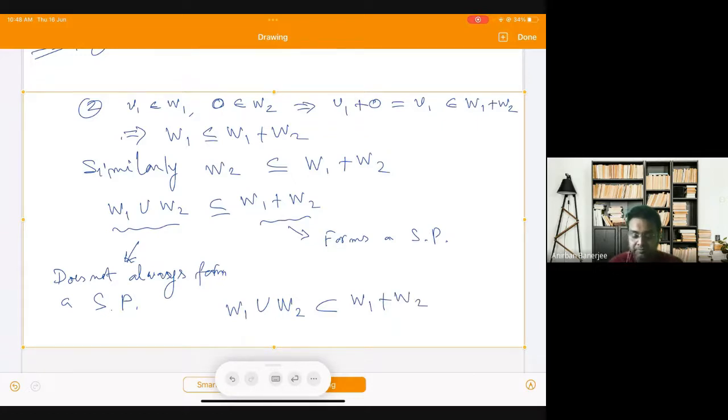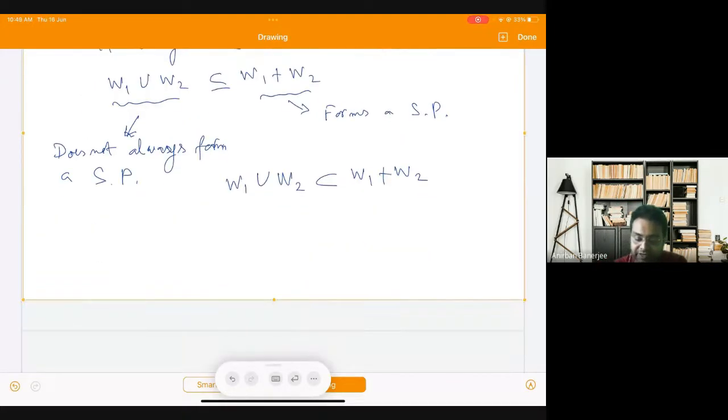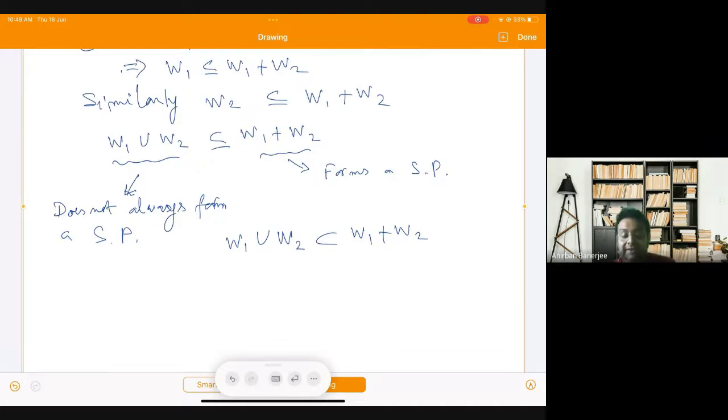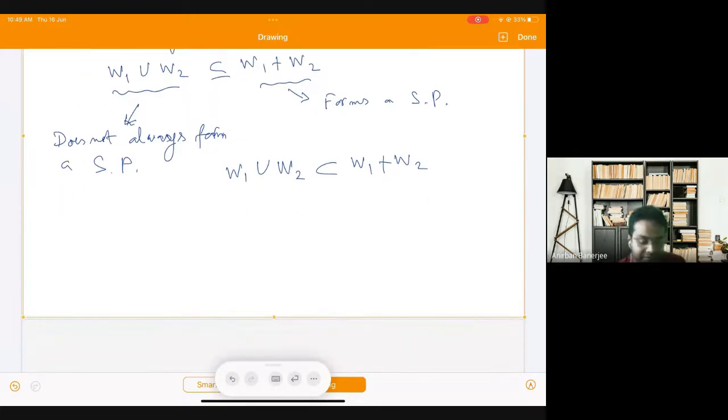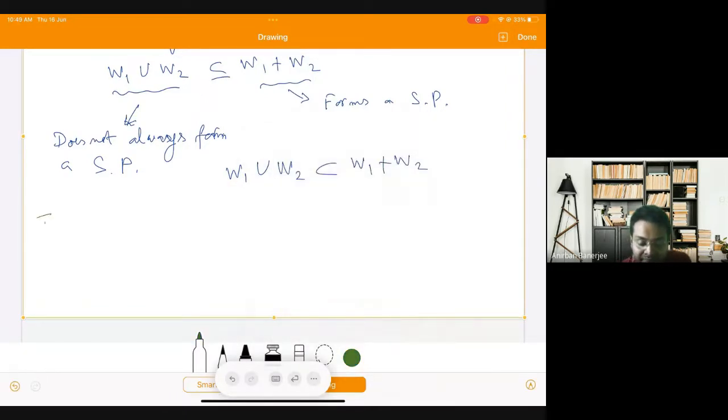Because there must be some vectors which are not in W1 union W2 but are in W1 plus W2, which makes W1 plus W2 a subspace. Just think at home about which those vectors will be. Take some very typical examples, and you can get an idea of what is happening.